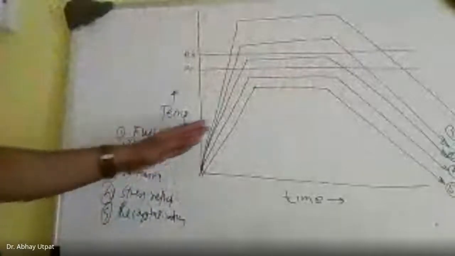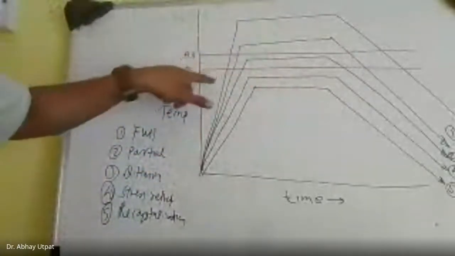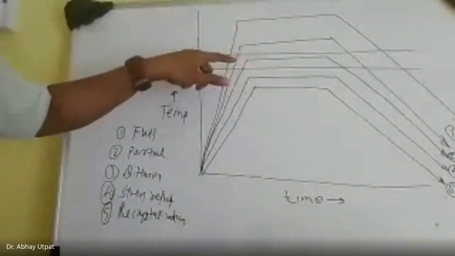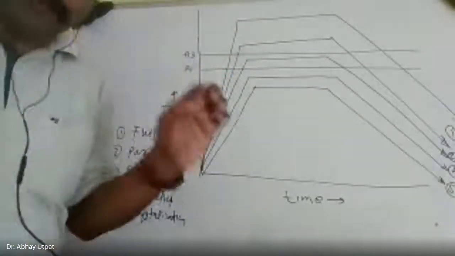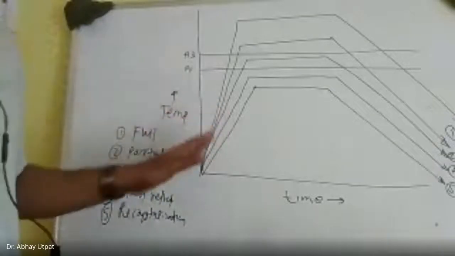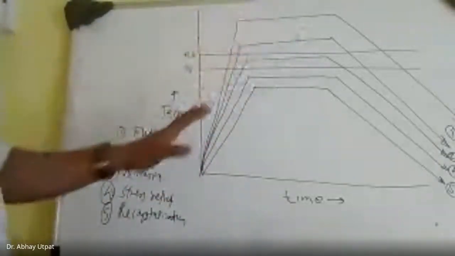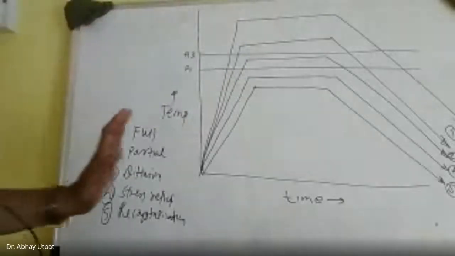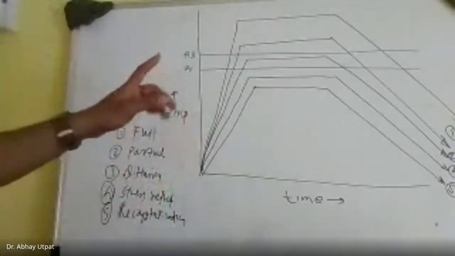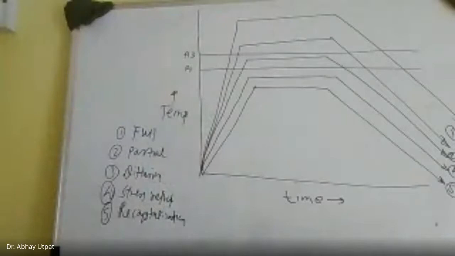Spheronizing annealing consists of heating between A1 and A3, and there is formation of globular pearlite. So these are the important curves 1, 2, 3, 4, 5. They may be asked in the examination. I hope you have plotted this.